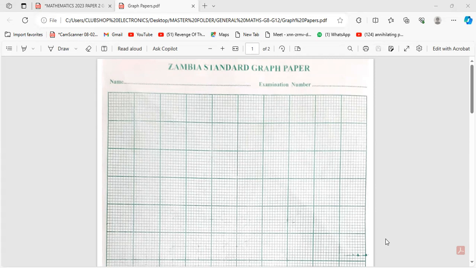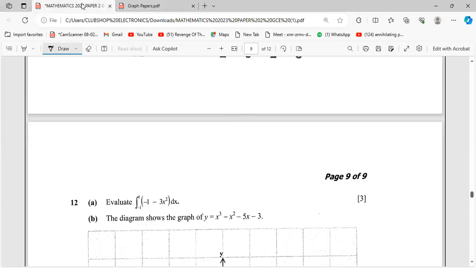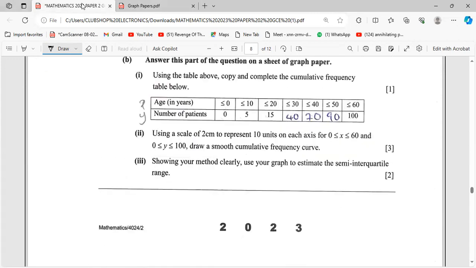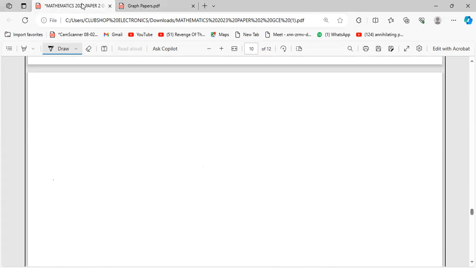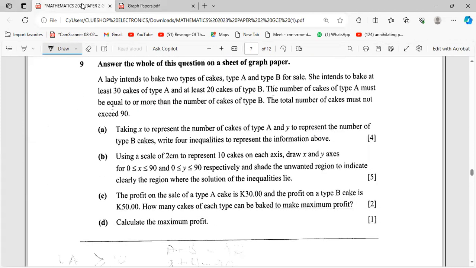I did not find a clear paper, so I'm going with this one.